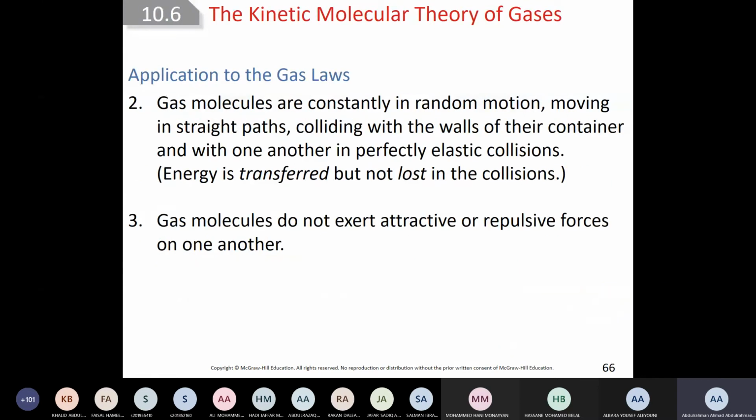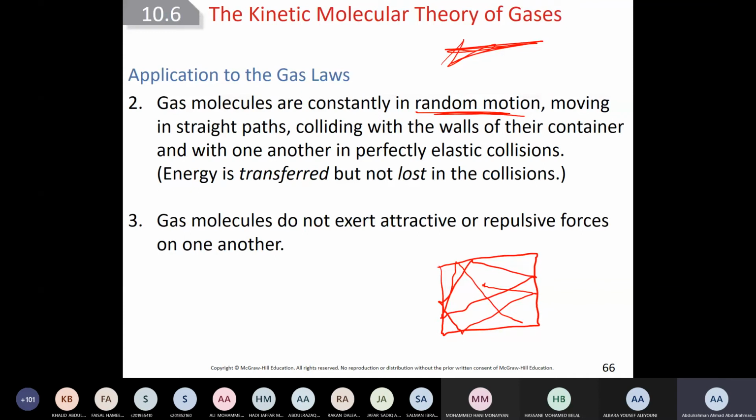Okay, gases are always moving. They're always moving randomly. So when you have any container, the gas is moving like this by itself and hits the wall and comes back. When it hits the wall, that's what causes the pressure. So what causes the pressure?